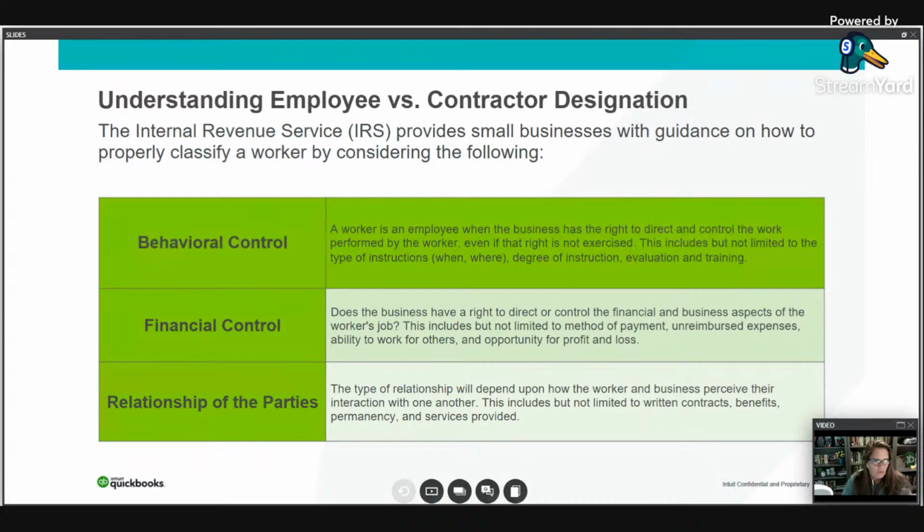The opportunity for profit or loss is also an indicator of an independent contractor. Services that are available to the market. So basically, can I do this for multiple companies? Yes, I'm probably going to be an independent contractor. And the method of payment.